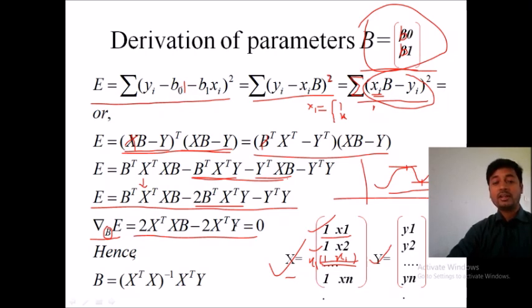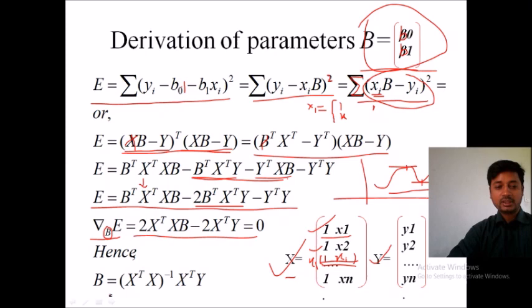So in order to find maxima or minima, we differentiate the expression with respect to the unknown parameters and equate to 0. Further, you can take double derivatives to see whether it is a maximum or minimum. That is why we differentiate and equate to 0.